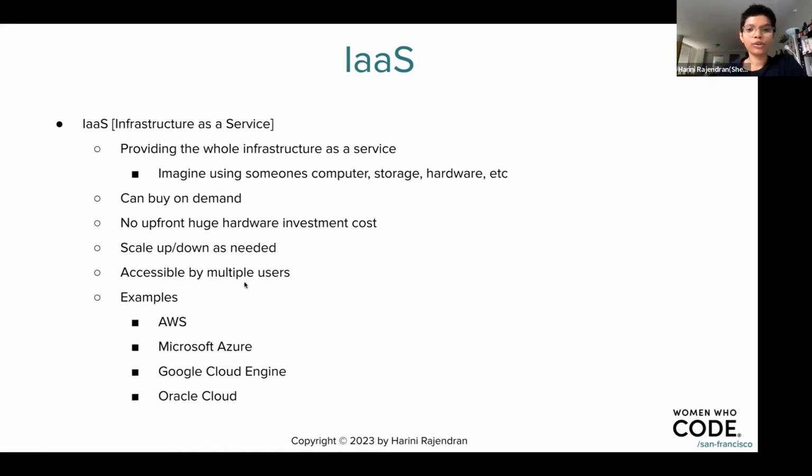Here you take care of the platform, like you pick the OS, you take care of updates, you take care of roles. If a node goes down, what happens? You handle all of that, but the infrastructure, the computer or the storage, is provided by AWS or Azure or Google Cloud or whatever cloud provider you use. So this is infrastructure as a service.